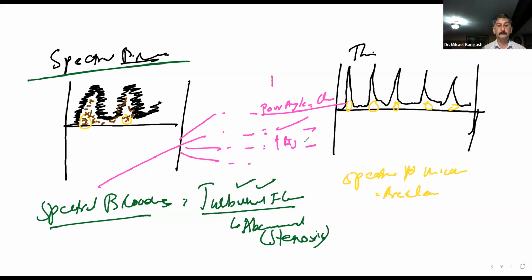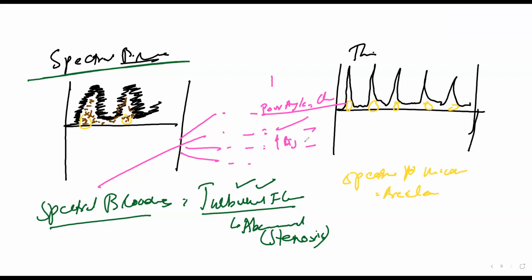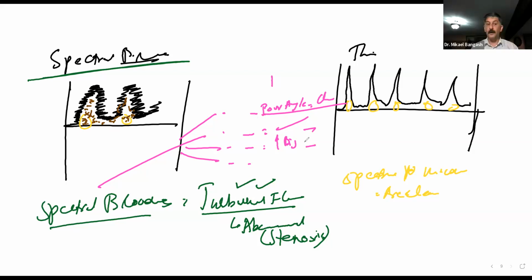Did that make sense? Yes, it did. So those are the four imposters of spectral broadening, which means you see something that looks like spectral broadening that you may think is due to turbulence, but it's not. It's just because of some poor settings on your behalf.